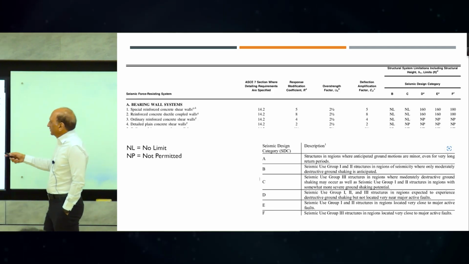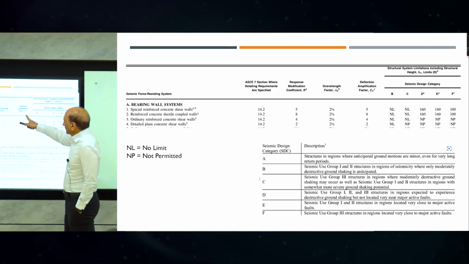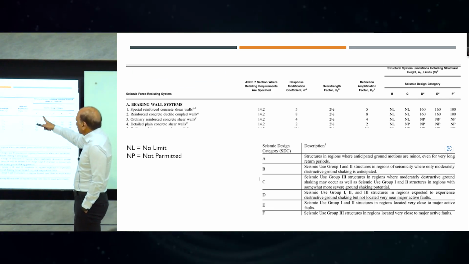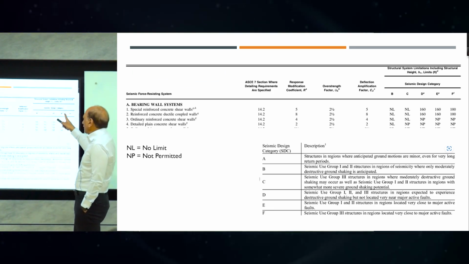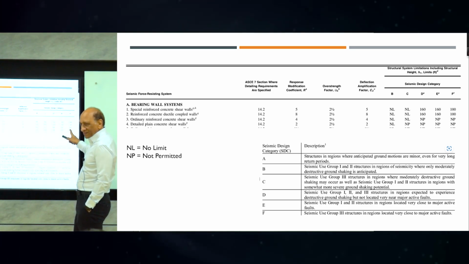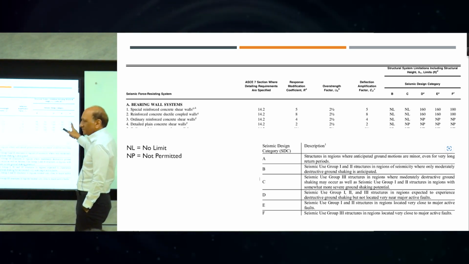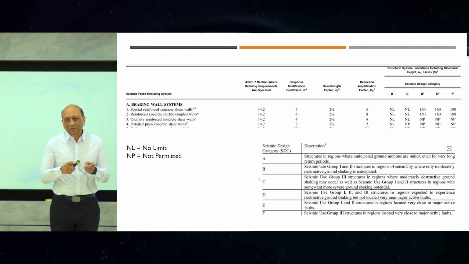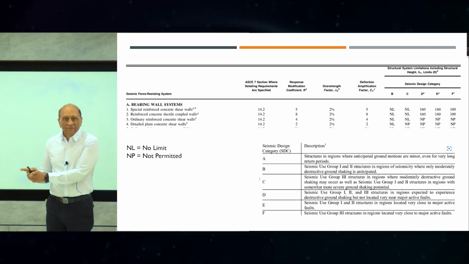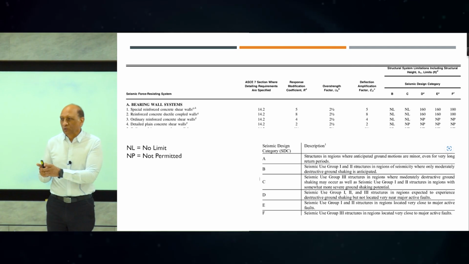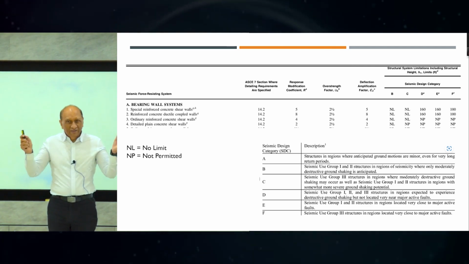Those numbers are the deflection factor, the overstrength factor, the response modification factor, and also the seismic zone, with no limit, P for not permitted, and height limits. So basically, the design codes will tell you which system you can use in which kind of seismic zone, up to what height, right? And what factors to use to design it. So everything is codified.